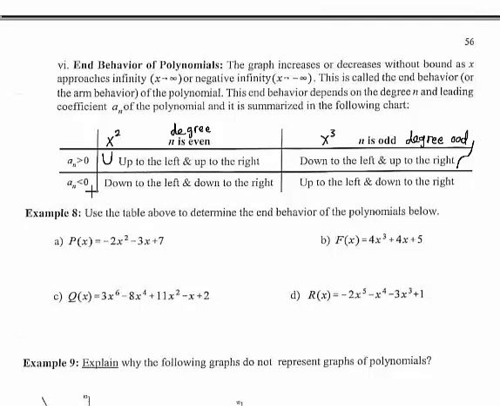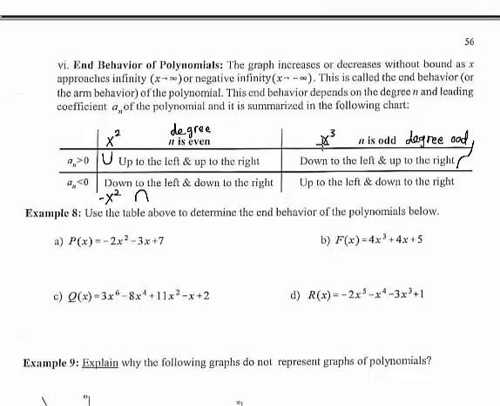However, these end behaviors change if we change the sign of the leading term. So in this case, you could think minus x squared. The leading coefficient is now negative, it's less than 0, and so we would get a parabola that opened up downward.